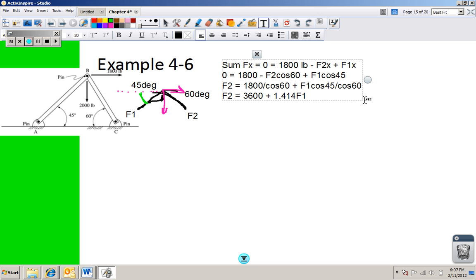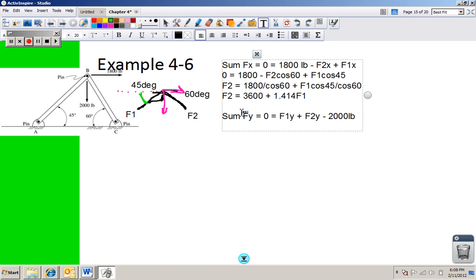Alright, now let's write the sum of forces Y. That's equal to 0. Okay, and we have F2Y the way I've drawn it and F1Y acting in a positive direction. And then we have minus the 2,000 pound external force.